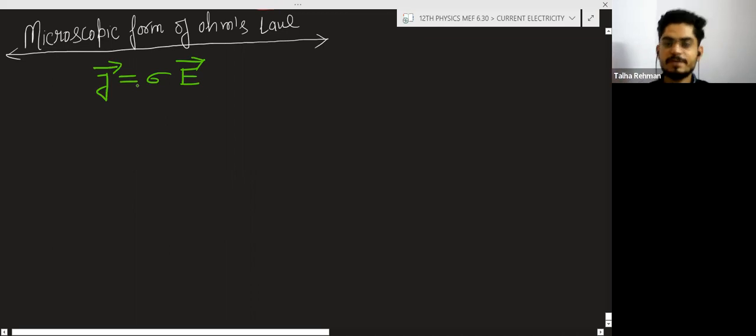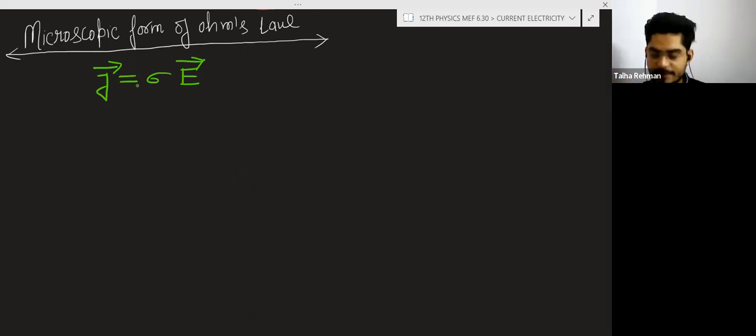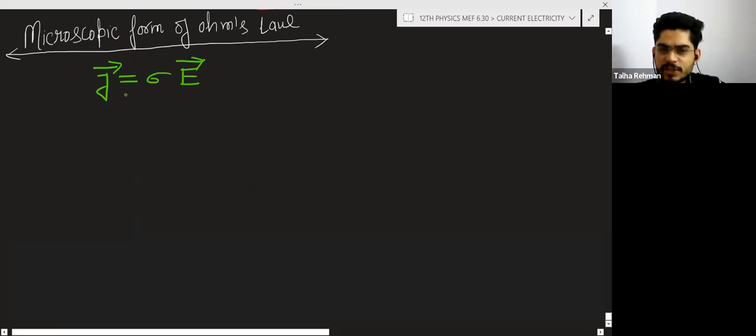In Ohm's law we have current, resistance, and potential difference. So you can think of J as something like current, though it is not the current, if you want to learn this formula.